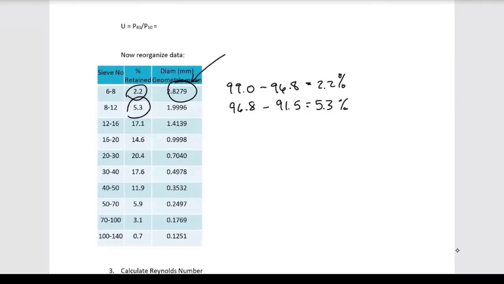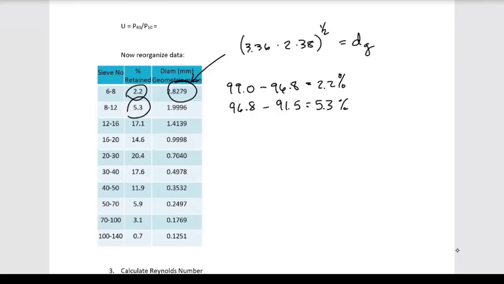So here, what you're looking at is the mesh size, 3.36 millimeters times 2.38. So this is the mesh sizes of the 6 and the 8 sieves. We'll multiply those and take the square root. That's the geometric mean.